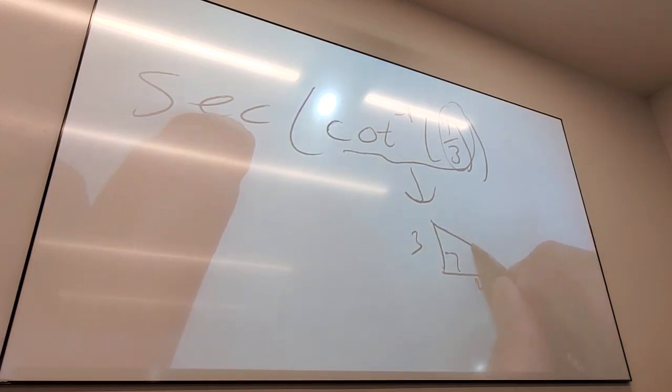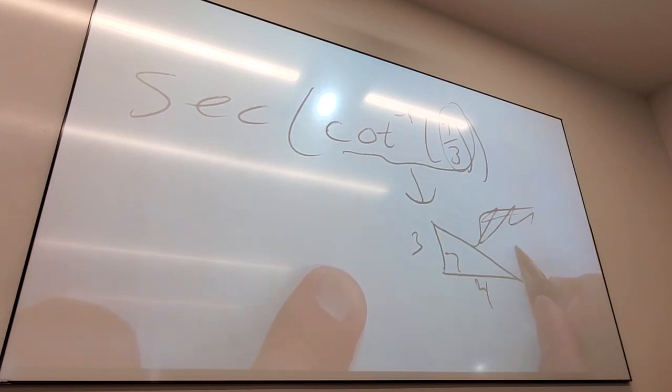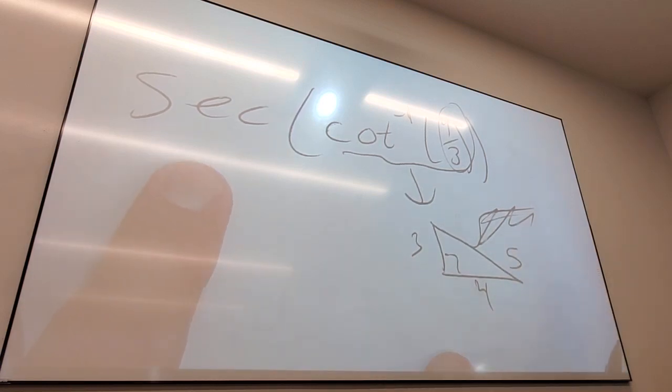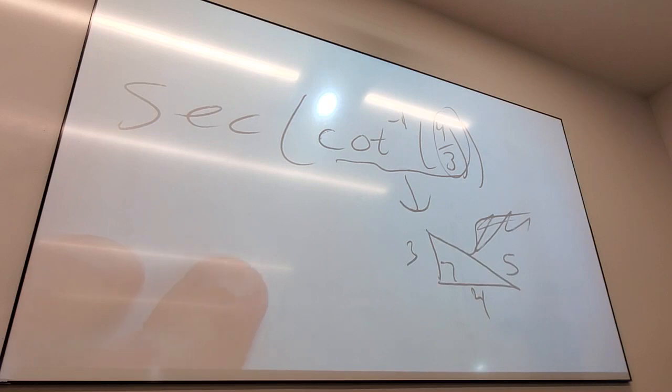Hypotenuse, that's right. So this one is easy, I made it easy. 5. So then the secant would be, secant's 1 over cosine, cosine's 4/5, so secant is 5 over 4. Alright. Any question I give you that looks like trig of inverse trig, easy.